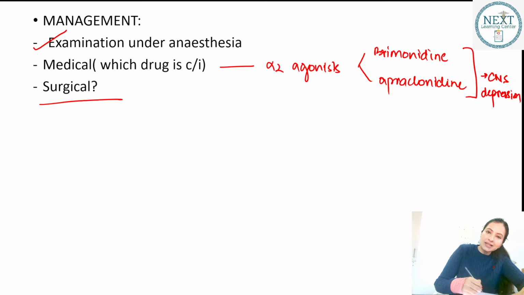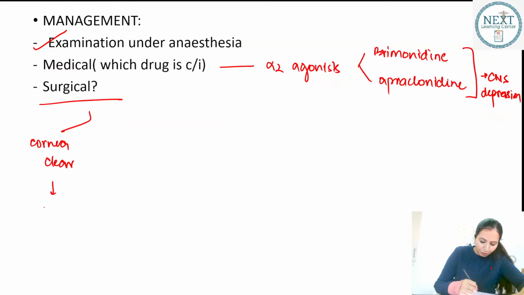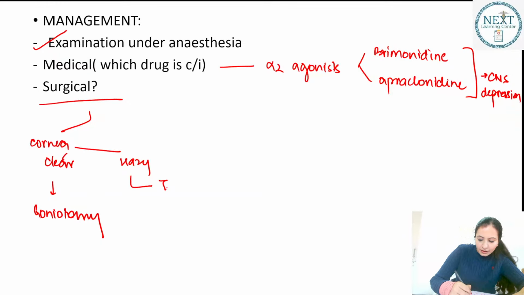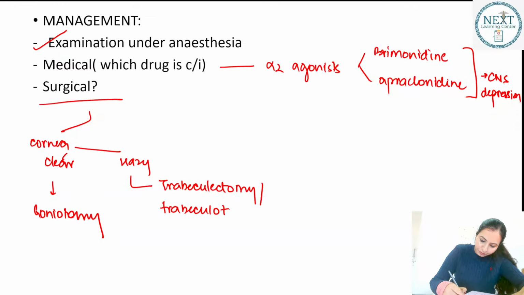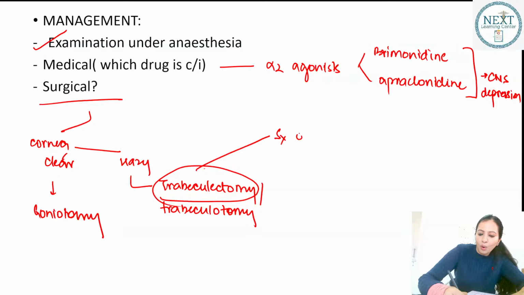If we talk about the surgical management, if the cornea is clear, then you go for goniotomy. If the cornea is hazy, then you go for trabeculectomy or trabeculotomy. Trabeculotomy is the surgery of choice.